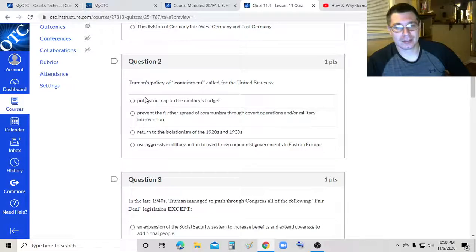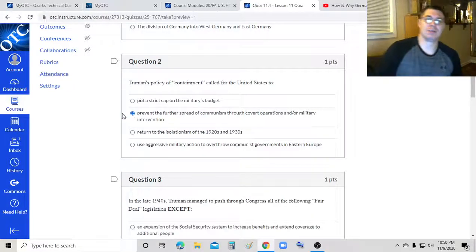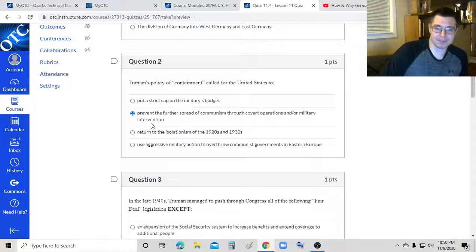So that's not it. Prevent the further spread of communism through covert operations and or military intervention. Yes. So preventing the further spread of communism. And whether that meant the U.S. should use covert operations to overthrow communist governments or stop communist governments from coming to power or militarily intervene if need be, all those were on the table, like in the Korean War and in the Vietnam War.